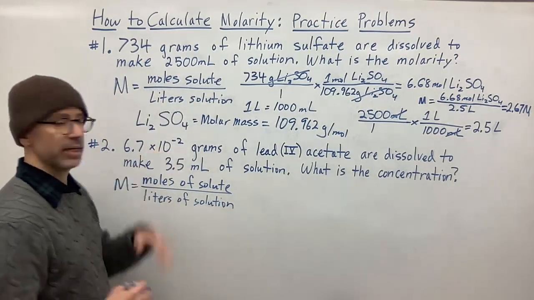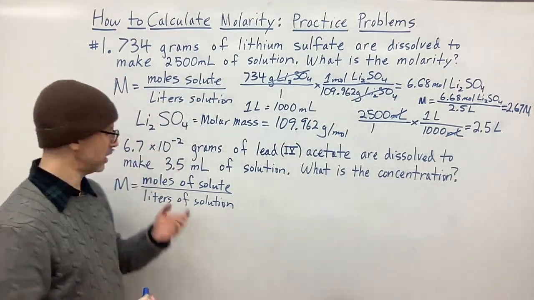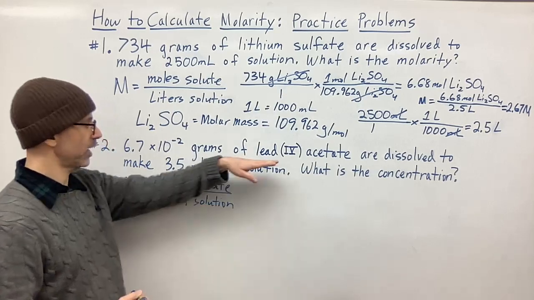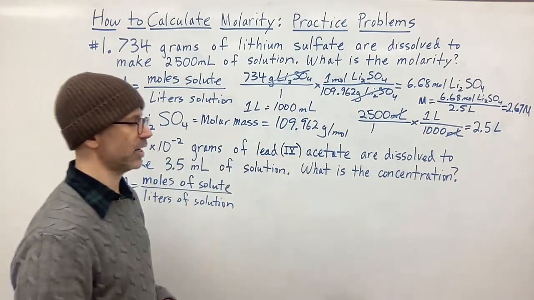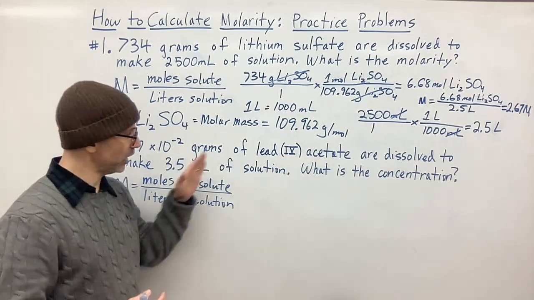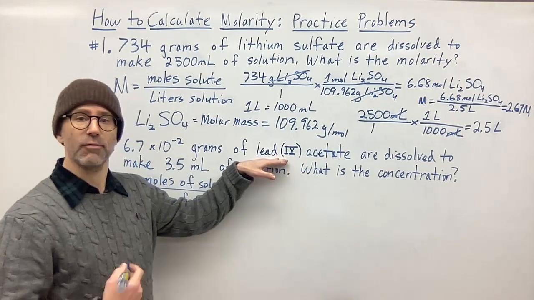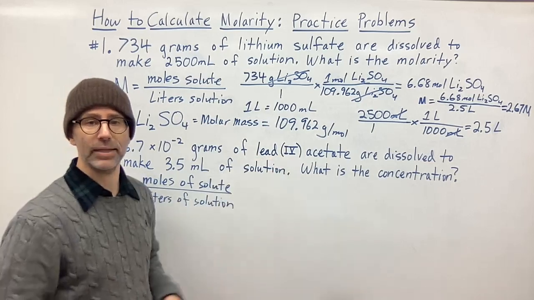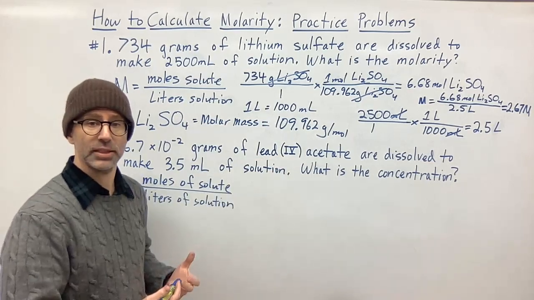So they gave us grams again. So we're going to have to convert grams to moles because we want moles of our solute. In this case, lead 4 acetate is our substance, our solute. So again, we need to convert that to a formula so we can calculate the molar mass. So we need to know what the formula is.